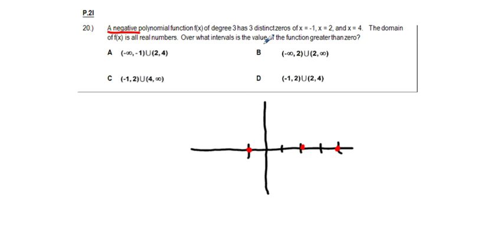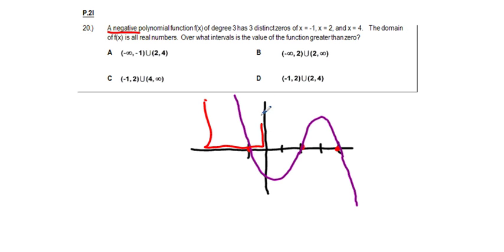So a negative odd function is going to start from the upper left and go down, cross the x-axis, and then come up at x equals 2, cross the x-axis, come up here, go down through x equals 4, and resume its march toward -infinity. So we're looking for greater than 0.